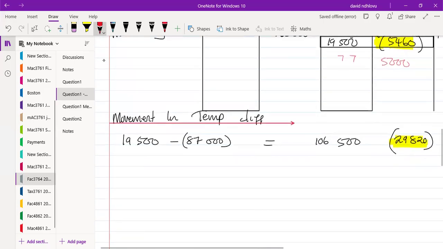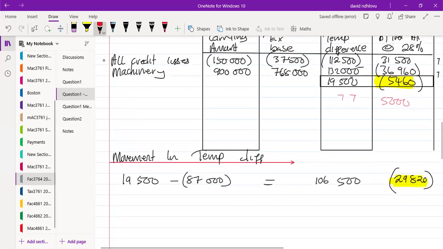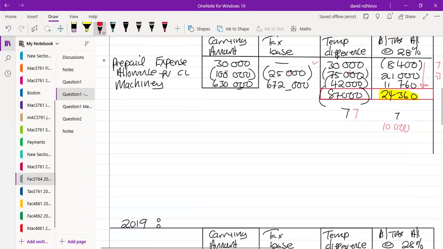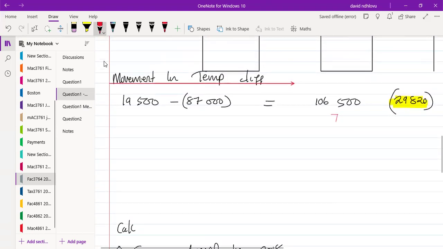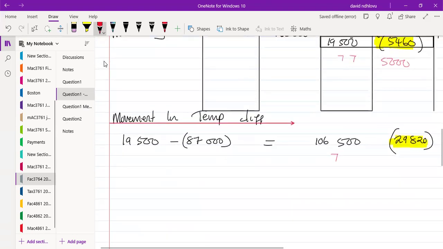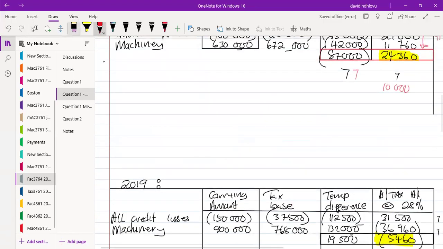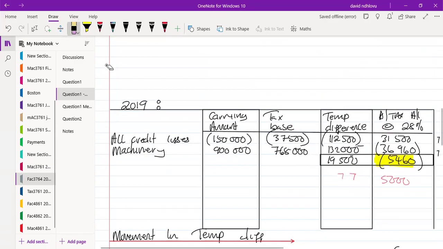It means that your temporary difference, you added a positive amount of 106 to the 87,000 to arrive at a positive 19.5. So you are looking for the movement. Same with the deferred tax. Please don't add them. You will get incorrect figures. Current year minus the prior year.